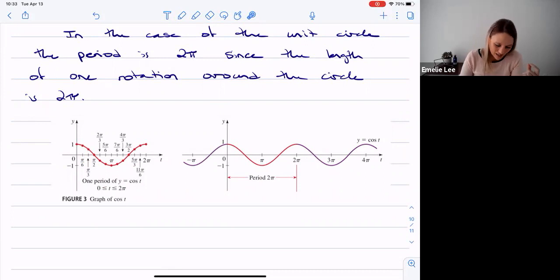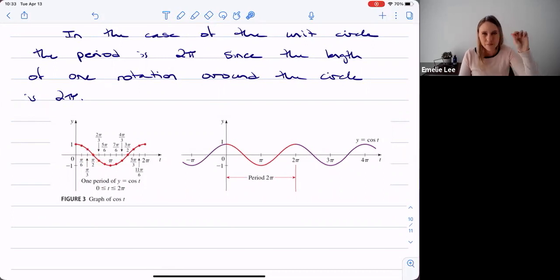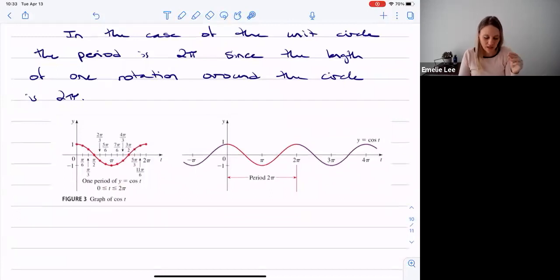And then pi over 3, pi over 2, and then what happens is after pi over 2, our x's become negative, and they're decreasing to -1 as we go to a distance of pi. So you can think of this graph as a smooshed out version of the x values on the unit circle.